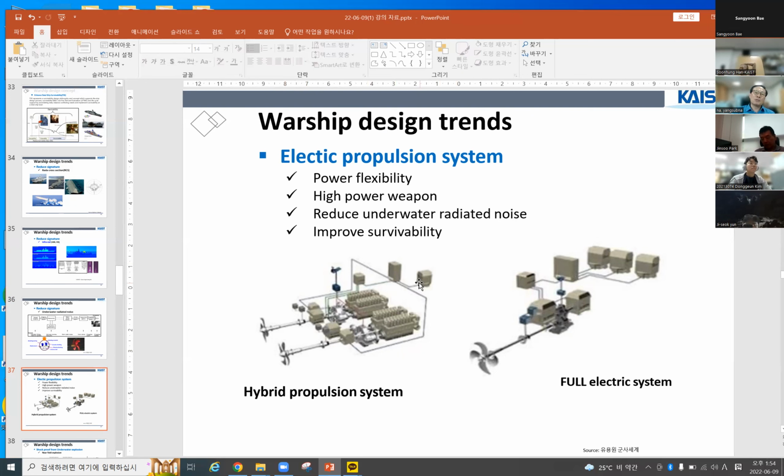But at low speed, for anti-submarine warfare, the generator connects directly to the motor and the propellers, so they can reduce the underwater noise. And the fully electric system has no distinction between high speed and low speed. They make electric energy from the generator and drive the propulsion motors directly to reduce the vibration and the noise.